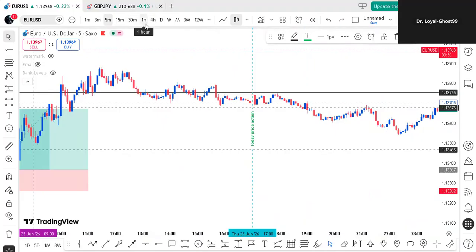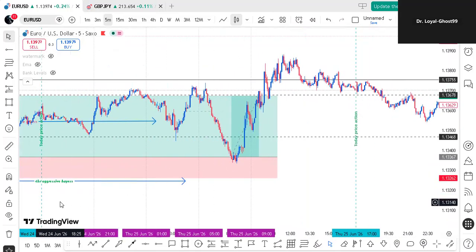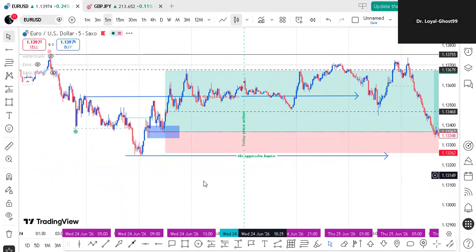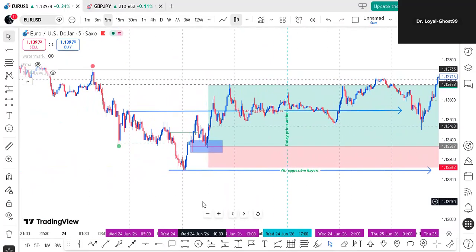On the 1 hour, we monitor our areas of interest. On the 15 minutes, we monitor the structure and the zones. The 5 minutes is now the confirmation of this price action for us getting an entry in case of any opportunity.